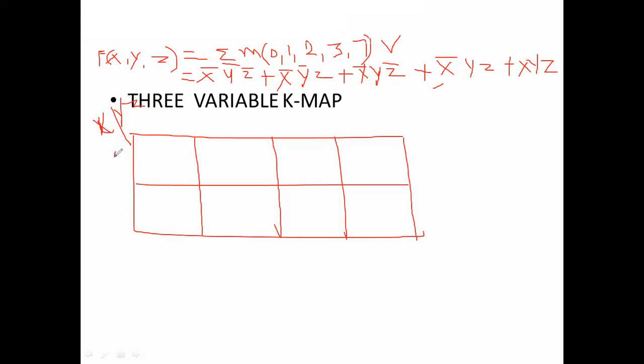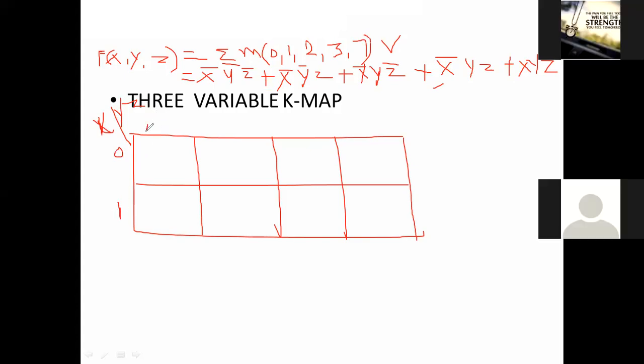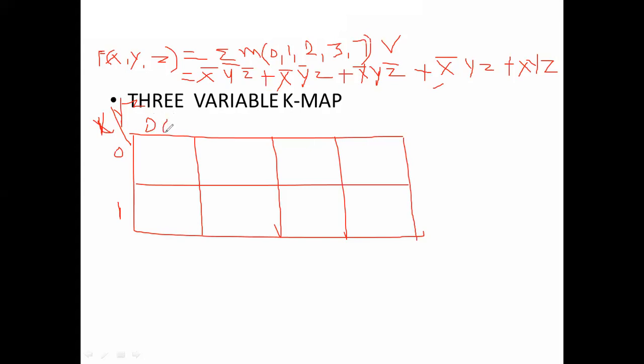X value is 0, 1. YZ values are 0 0, 0 1, 1 1, 1 0. Remember this: 1 1, 1 0. Now we are putting 1 in the corresponding terms.